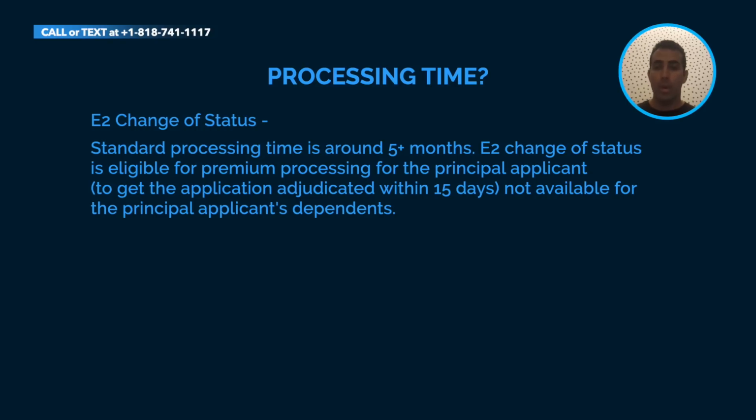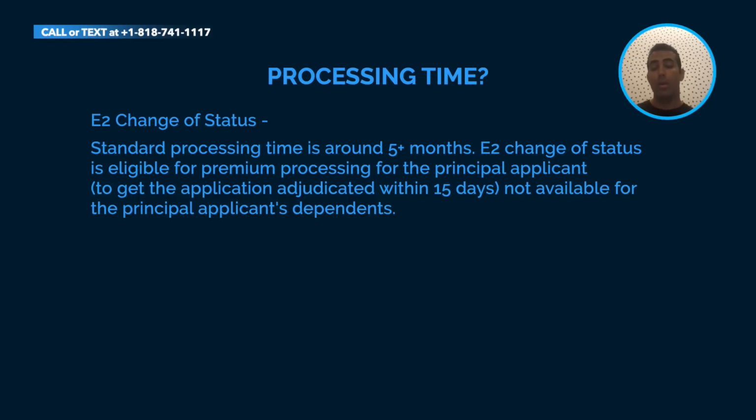An important point that I want to mention: E2 change of status is eligible for premium processing. Premium processing is a service where you pay an additional fee to USCIS, and USCIS will process your application faster. And you'll get an initial response on your application within 15 days. That response can be an approval, or it can be a request for additional documentation.